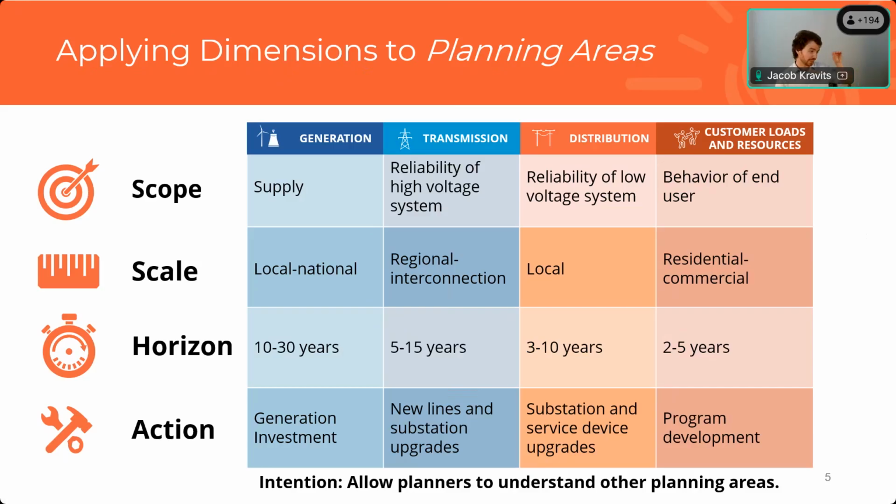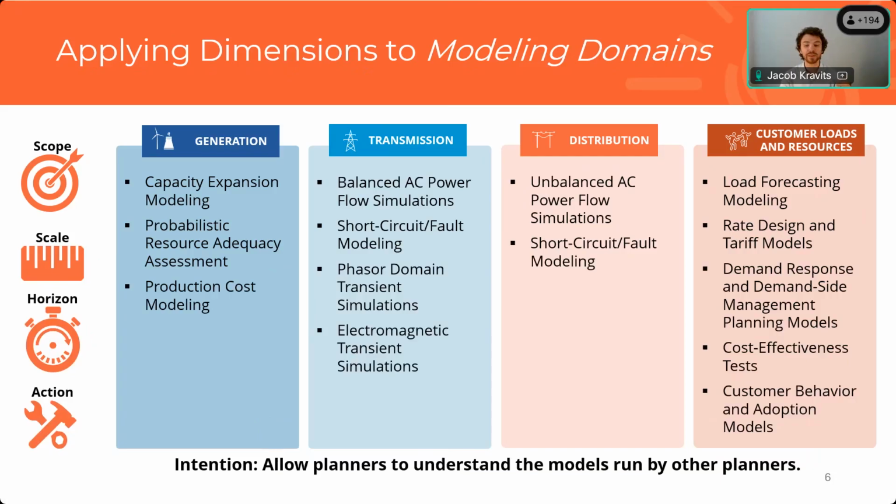Now, here we applied scope, scale, horizon, action to the 4 planning areas. But we also apply scope, scale, horizon, and action to the modeling domains within each of those planning areas. So here I'm showing a table. Each of these bullets is a modeling domain that is used within the planning area.